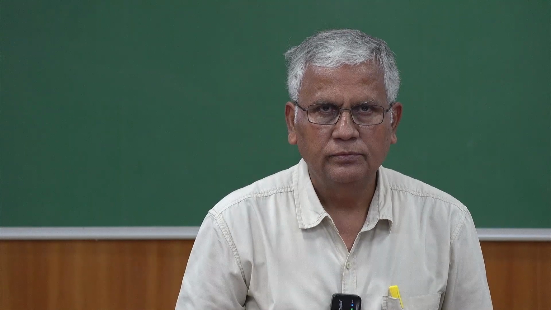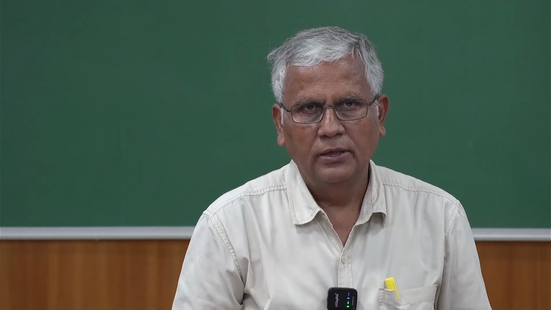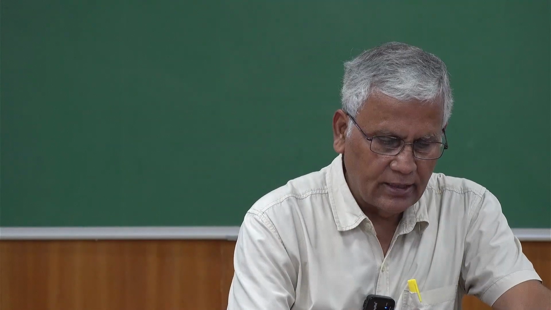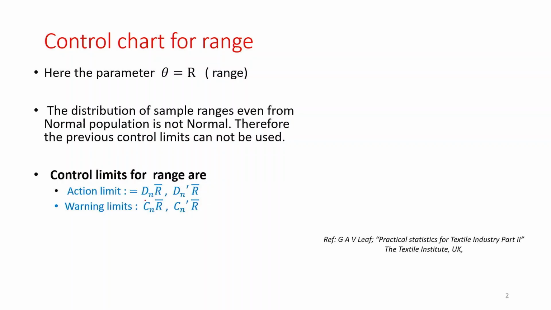Now, because they don't follow the normal distribution, therefore the control limits are different, and these limits are stated here. The action limit is Dn R bar, where R bar is the average range, and the other one is Dn dash R bar. Warning limits are Cn R bar and Cn dash R bar.